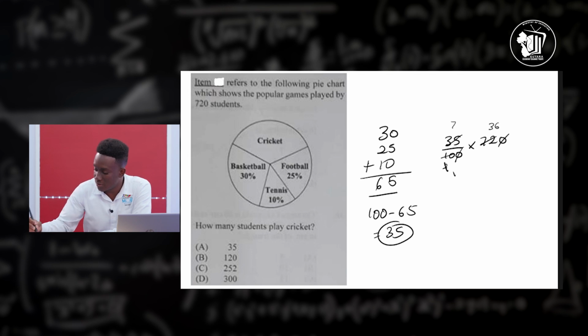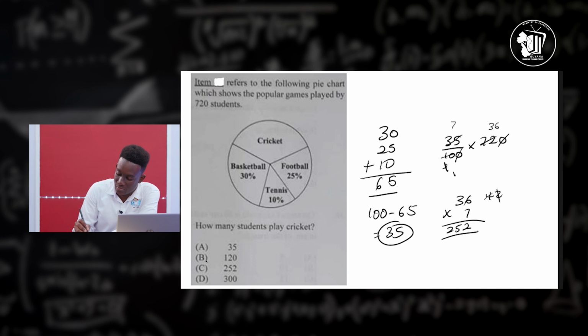I have 7 times 36. So 36 multiplied by 7, that would give me 7 times 6 is 42. So I bring out 2 here. 7 times 3 is 21. 21 and 4 would be 25. So 252 students play cricket. So the answer here is simply C, 252 students.